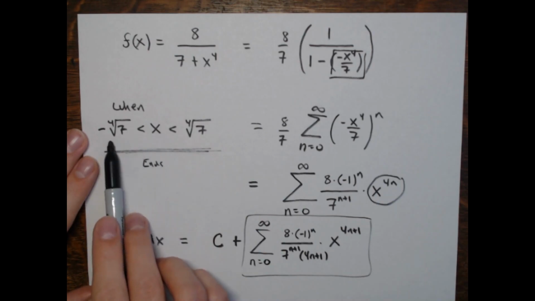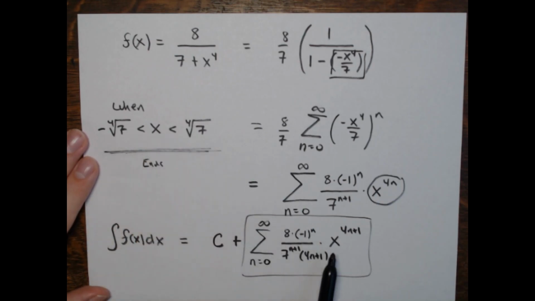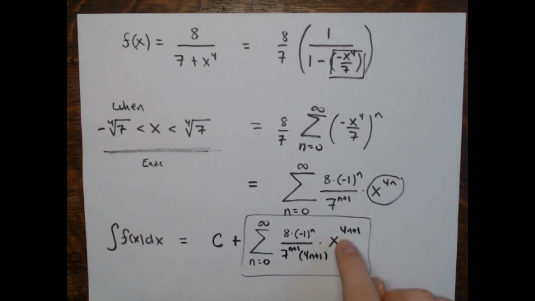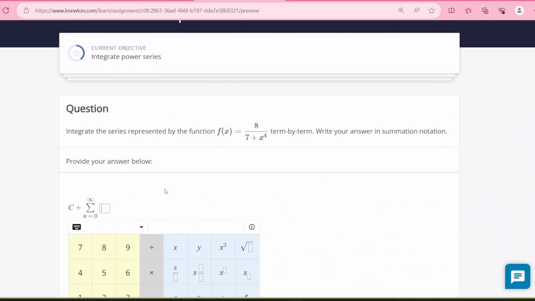If x is between negative fourth root of 7 and positive fourth root of 7, this series, plus whatever this constant is, would converge to whatever the integral of this function is. Right. This is what I'm entering here, the stuff after the summation notation.